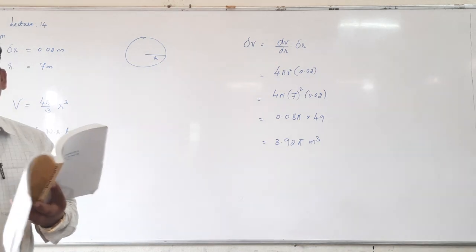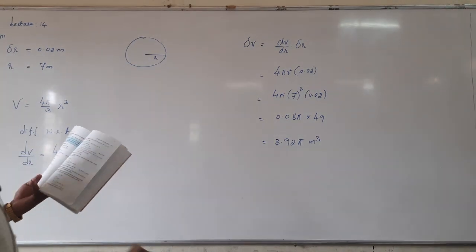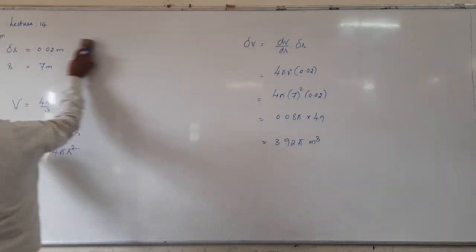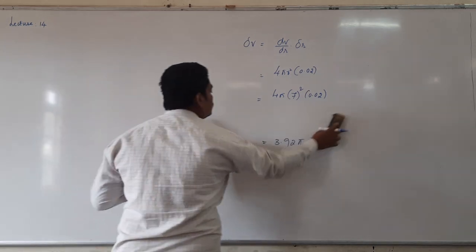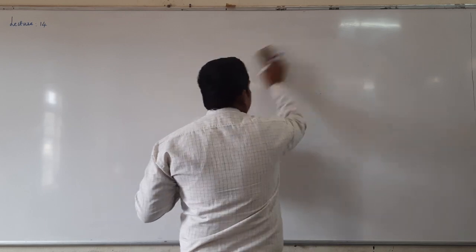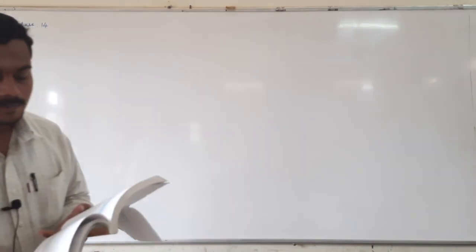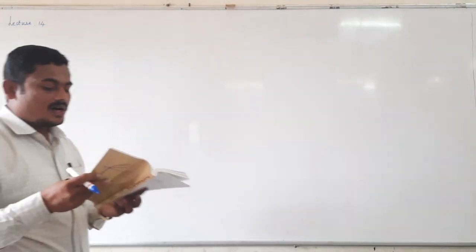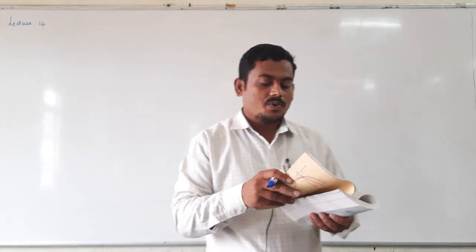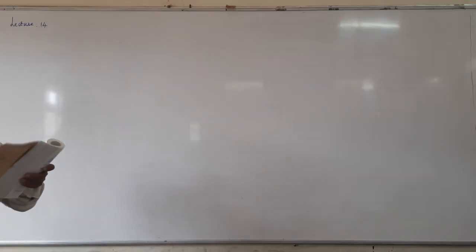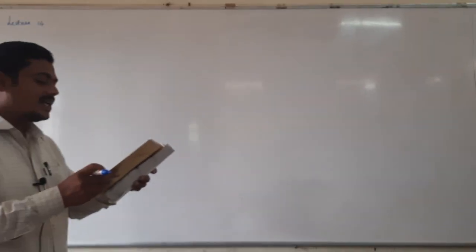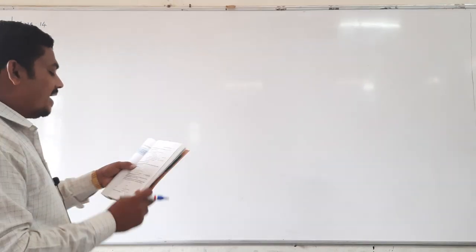Next question. Find the approximate change in the volume V of a cube of side x meters caused by increasing the side by 2%.